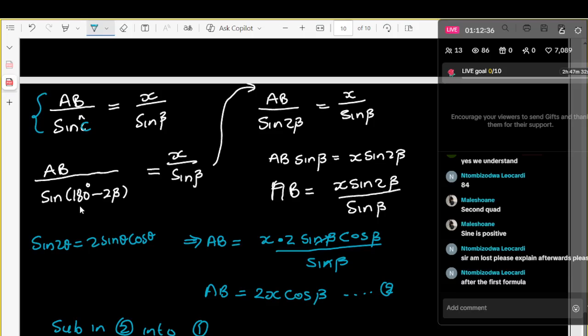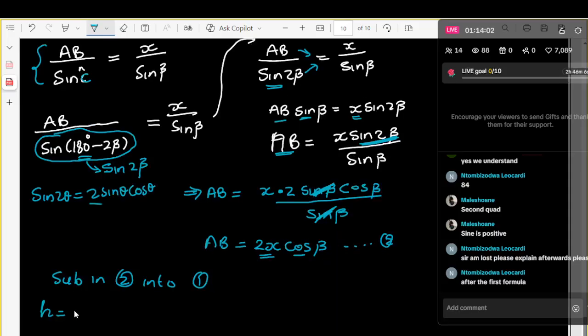We need to go back to equation 1 where there's AB, and put that in. Remember that equation 1 was h equals AB, the tan of x.